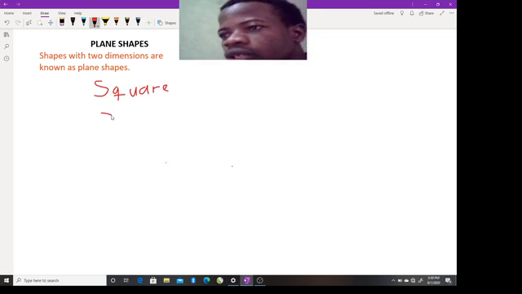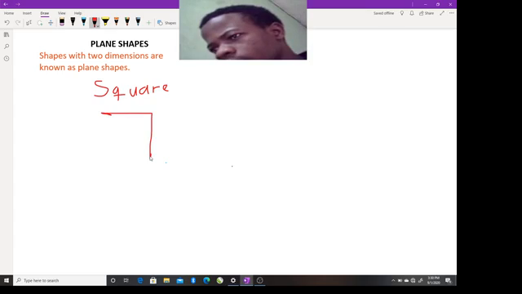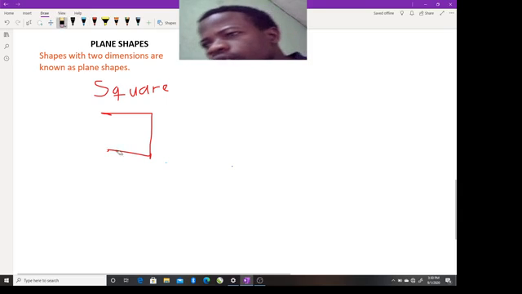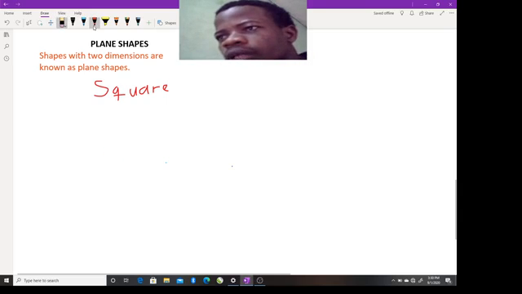Square, you will observe something about the square.